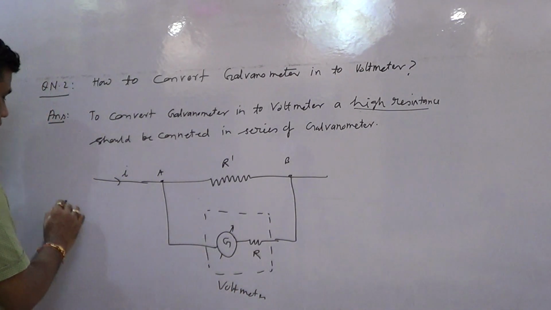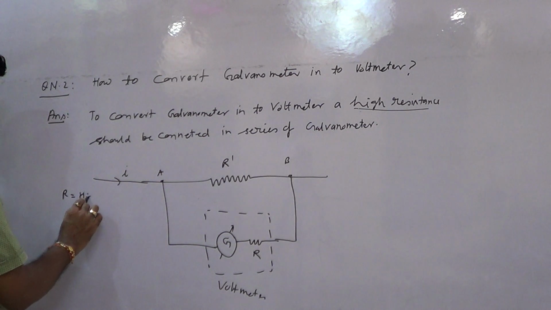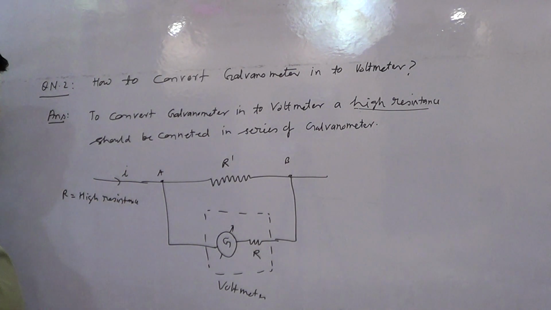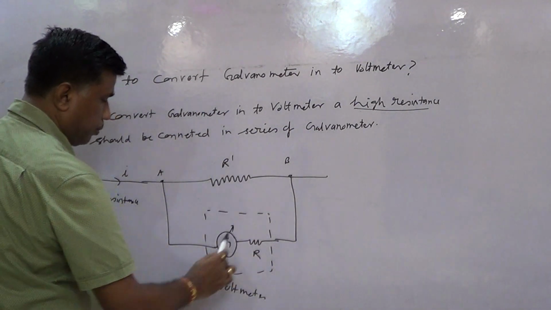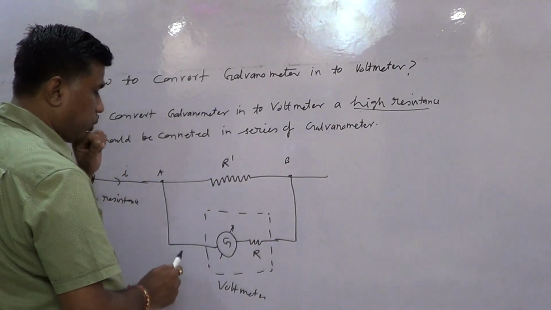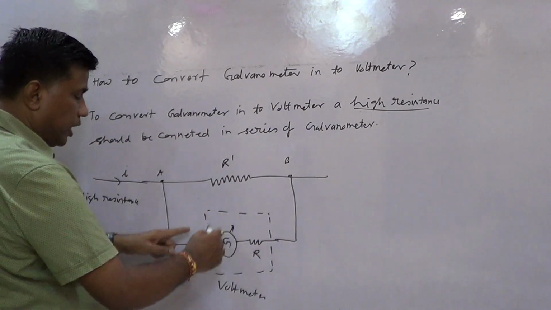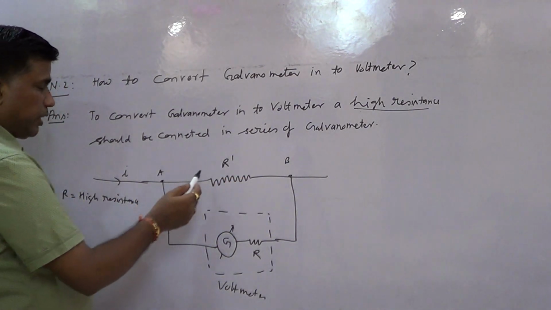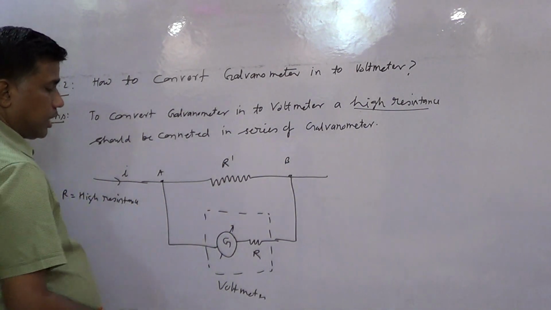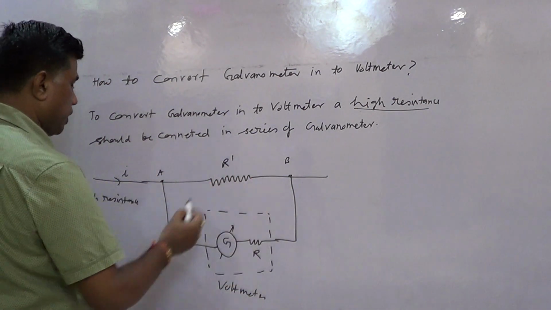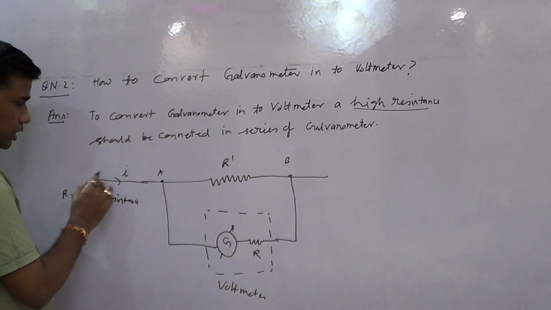So this R is a high resistance, and this whole system will become a voltmeter. Now to find the potential difference across any resistance, we have to connect this voltmeter parallel to that resistance. So to measure the potential difference across this resistance R dash, I have connected this voltmeter parallel to these 2 points. Now student, this current I is passing through it.